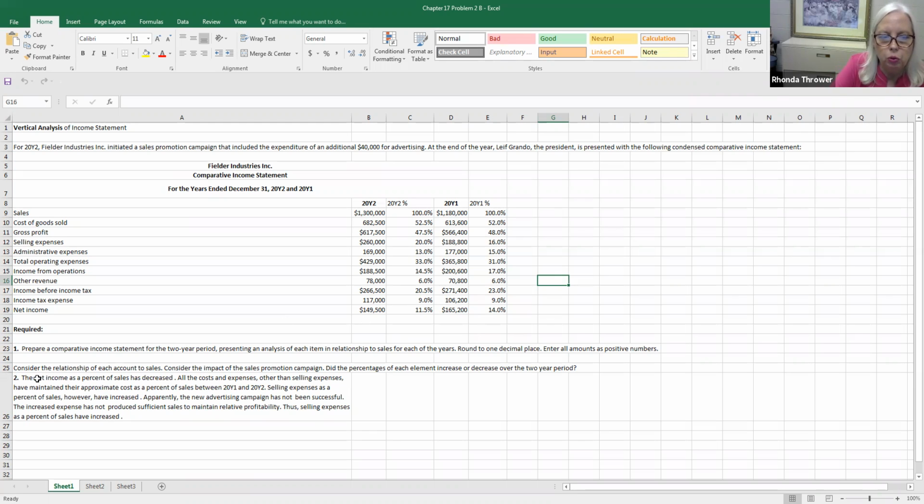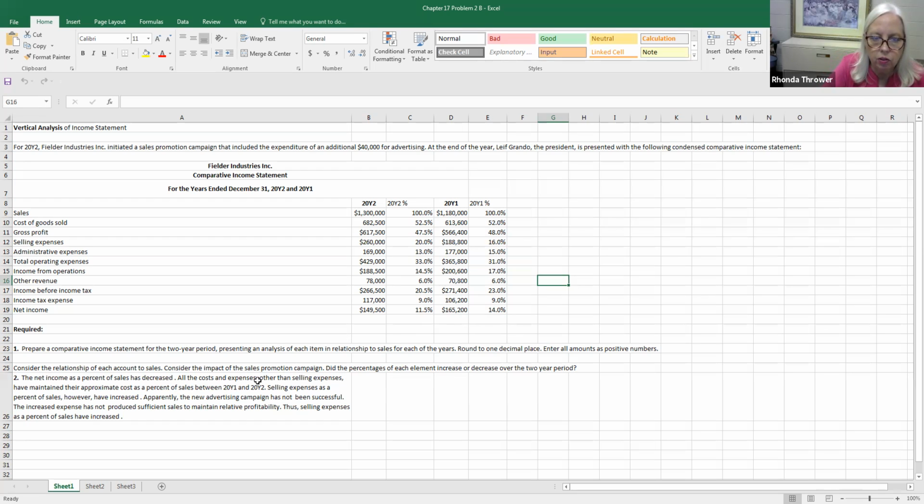For part 2, you're going to consider the relationship of each account to sales, and then consider the impact of the sales promotion campaign. Did the percentages of each element increase or decrease over the 2-year period? The net income as a percent of sales has decreased. So you can see that 14% went down to 11.5% in year 2.